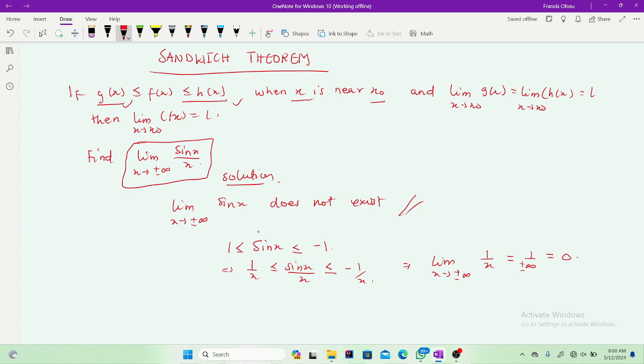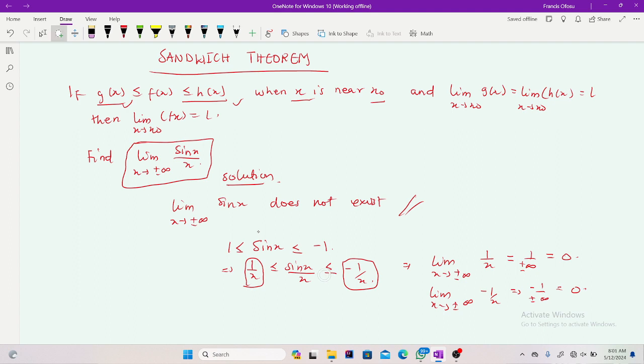So if this gives me 0, what about the limit as x approaches positive or negative infinity of negative 1 over x? Obviously this is negative 1 over positive or negative infinity, which is also 0. So the limits as x approaches positive or negative infinity of either side of our inequality are all 0.